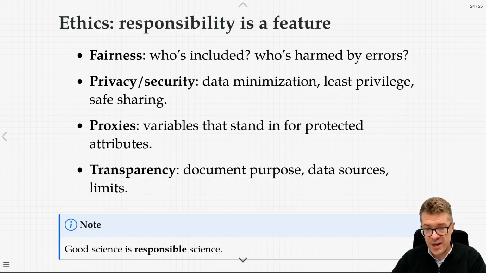What kind of proxies exist? So variables might stand in for protected attributes. Maybe a protected attribute can be something like somebody's race or ethnicity. And maybe we don't want to incorporate that into our analysis, so we remove it. But it can be the case that in some cities, the neighborhood you live in doesn't tell you with absolute certainty someone's ethnicity, but there can be a higher degree of probability that someone comes from a particular ethnicity.